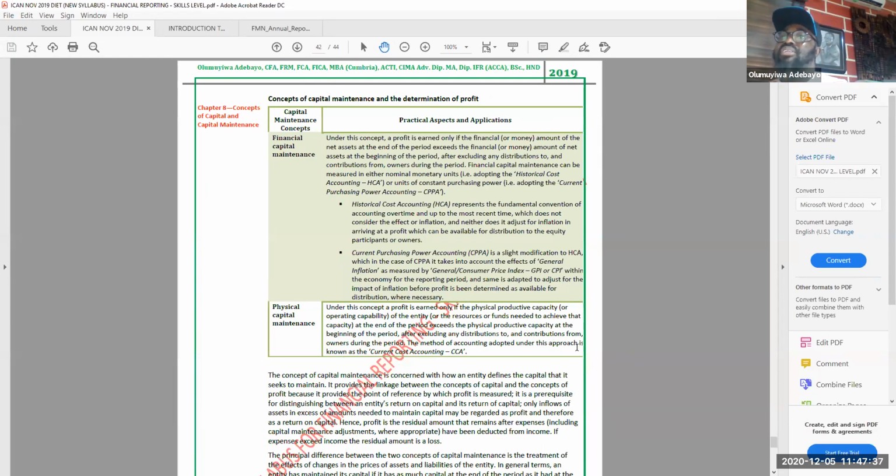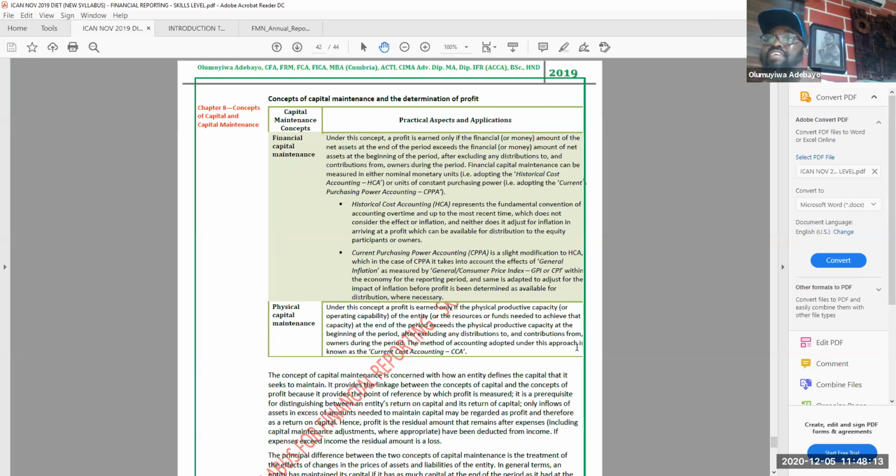Now, the financial concept is measuring profit as a tool of maintaining capital, given that profit is only earned and may be available for distribution if you consider the value of your net asset at the end against the value of your net asset at the beginning. And you find out that the value of your net asset at the end is greater than at the beginning, without considering the effect of new capital injection.